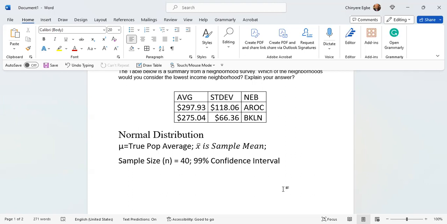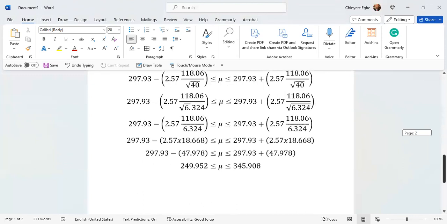I'm going to give you the sample size from the table here. It's 49. The sample size is 49 for the other neighborhood, okay?